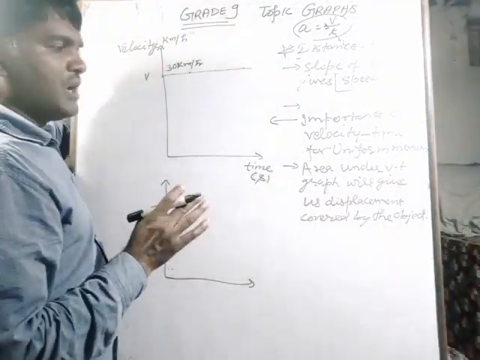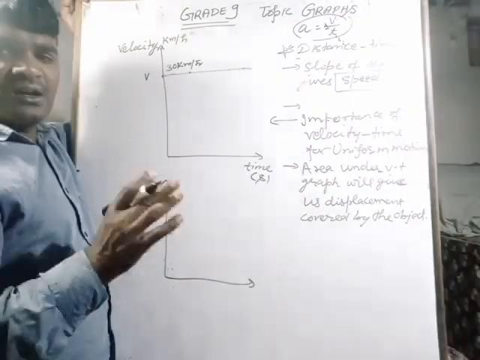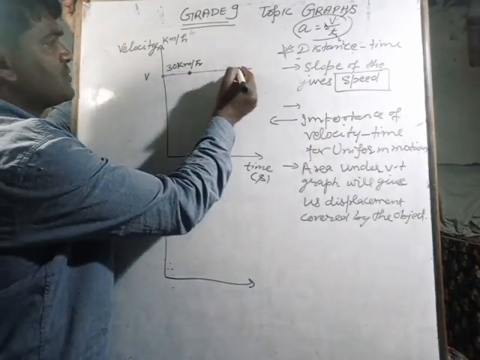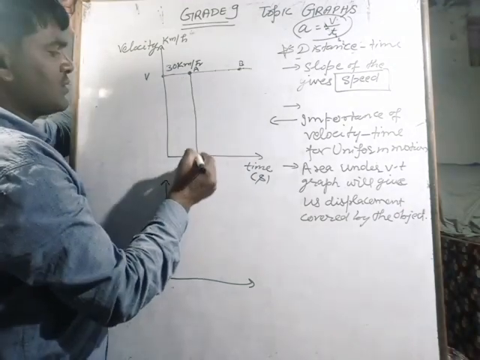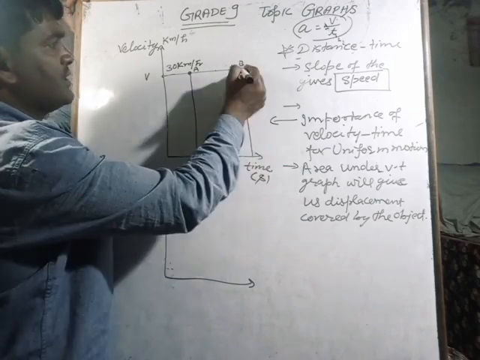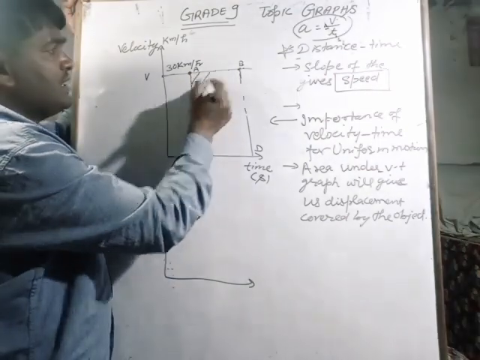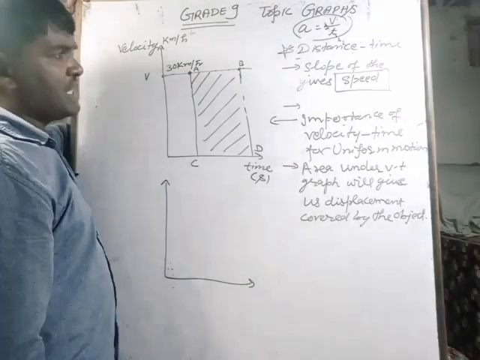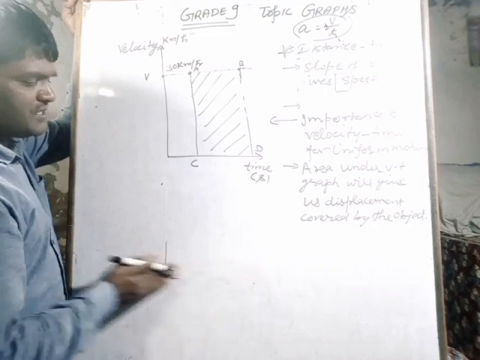Let's see how we can show that this graph will give us the displacement covered. Okay, so let's consider these 2 points. Let it be A, it be B. Draw a perpendicular on the time axis such that it is point C, and another perpendicular from that, let it be point D. Then if we talk about this shaded area ABCD, what is ABCD here?